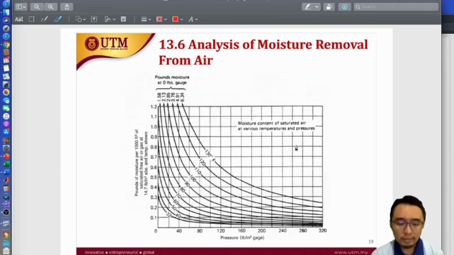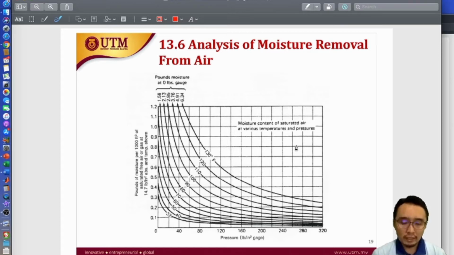Therefore, high pressure air discharged from a compressor contains much more moisture per unit volume than the atmospheric air entering the compressor. The actual amount of moisture per cubic foot in the compressed air depends on the amount of moisture in the entering atmospheric air and the compressor discharge pressure.